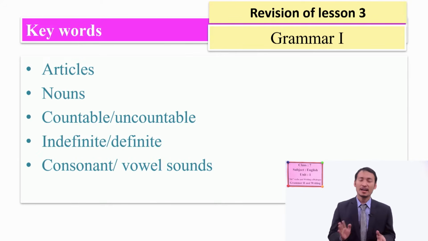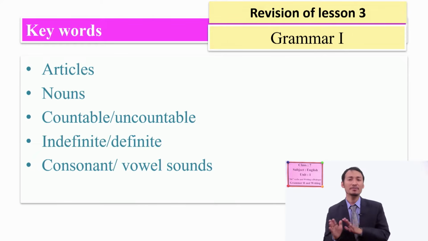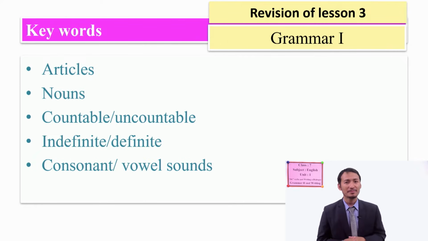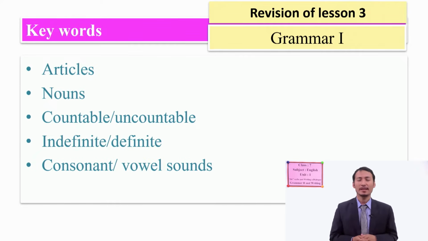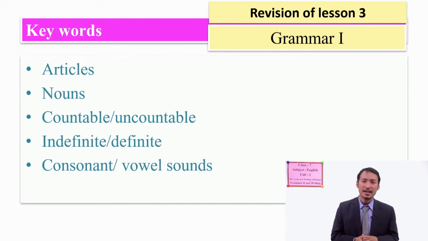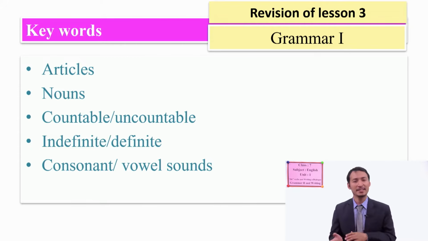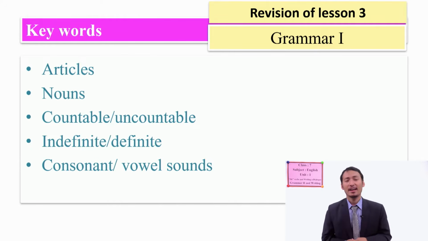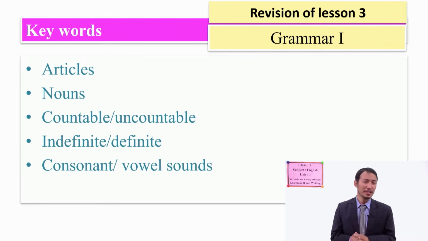And which articles are indefinite and which one is definite? Yes, you are right. A and an are the indefinite articles, and the is the definite article. And consonant, can you just remember the consonant letters? What are they?